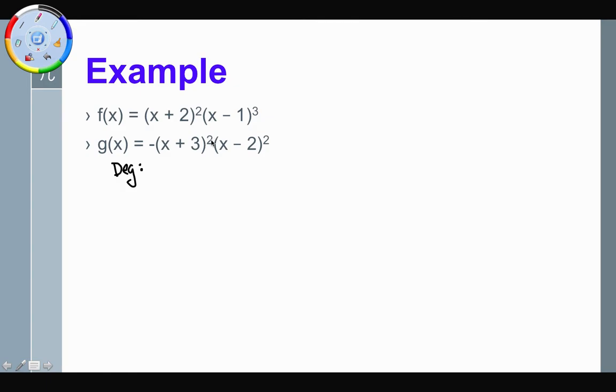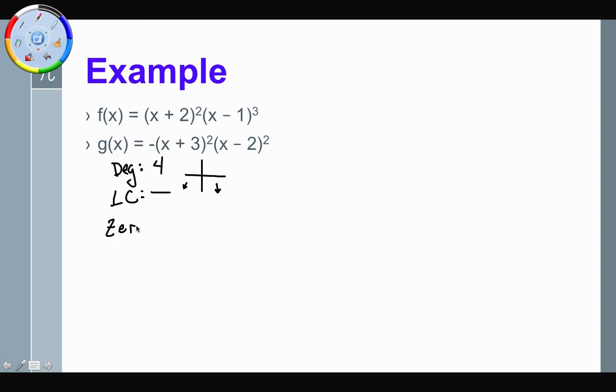Here we have 2 of them, and here we have 2 more, so the degree is 4, so that's even. And then the leading coefficient in this particular case is going to be x squared and x squared, so that's positive, but this negative out in front means it's negative. So for a negative degree 4 polynomial, it's going to go down and down.